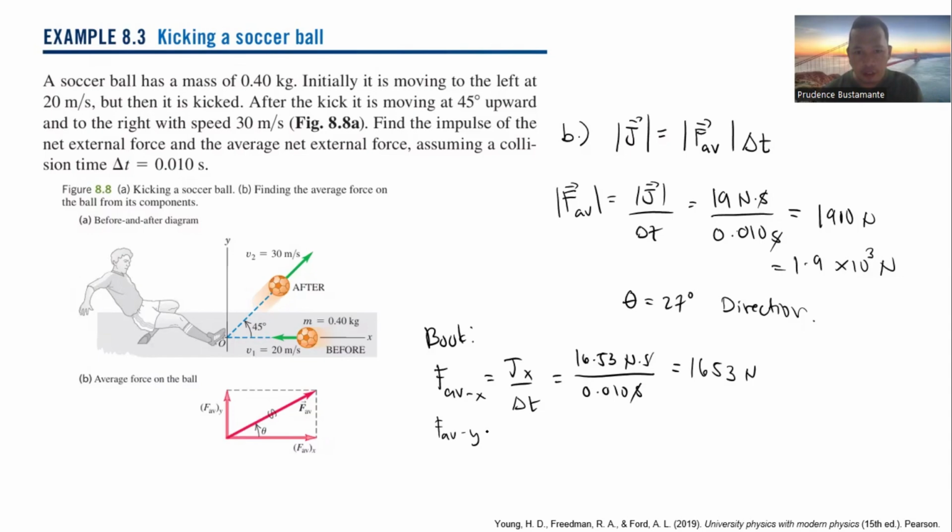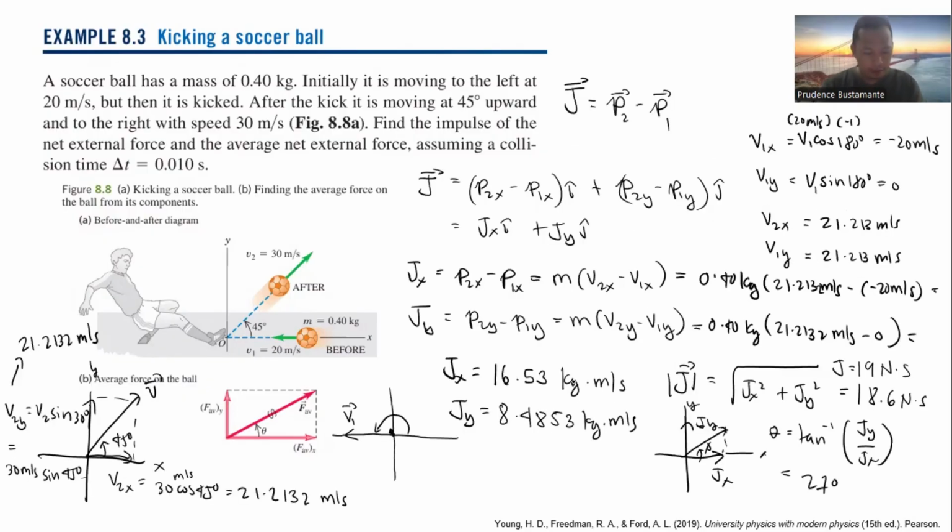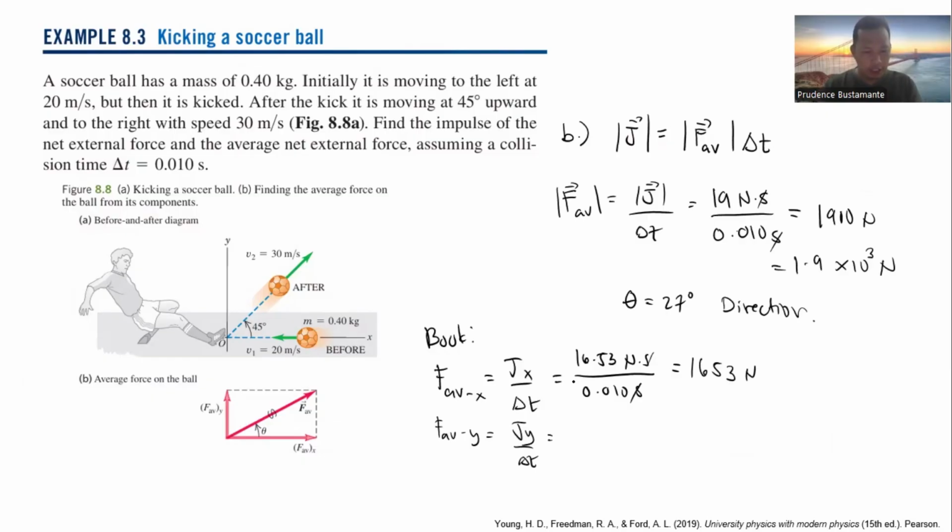And F average along y is equal to Jy over the time interval, which from the previous is 8.4853 divided by 0.010. So we have 848.53 Newton.